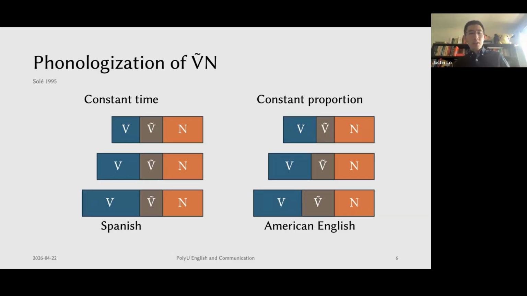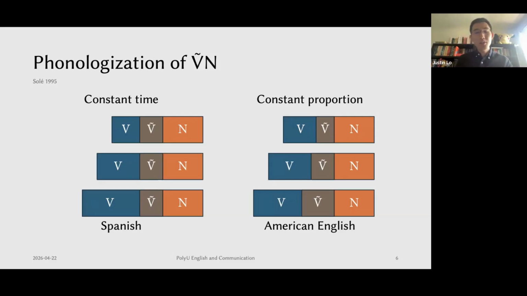On the left-hand side, we have Spanish, where we know that co-articulation is purely mechanical, like I was describing earlier, where you simply have co-articulation and some part of the vowel being nasalized because you need to start that gesture earlier. And so in that case, no matter what duration of the vowel you have, how much of the vowel is nasalized is really just dependent on the consonant itself and not really on the vowel.